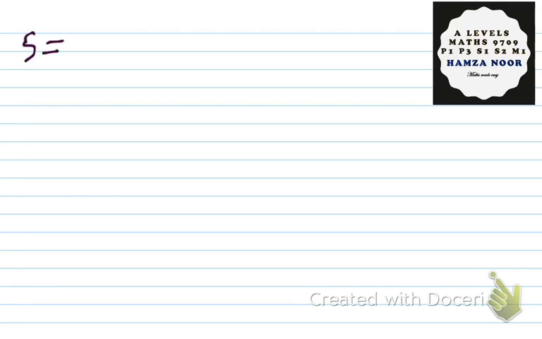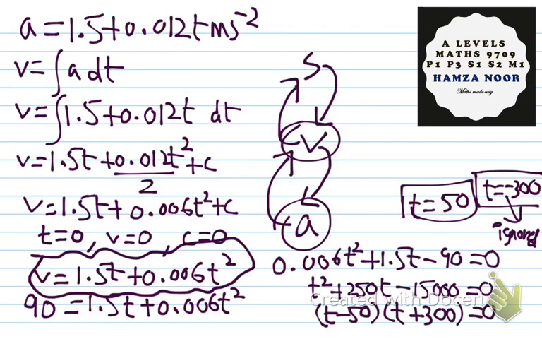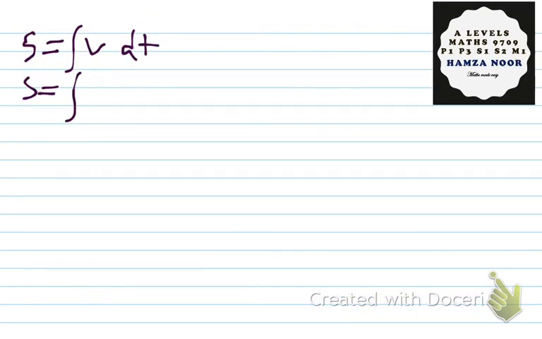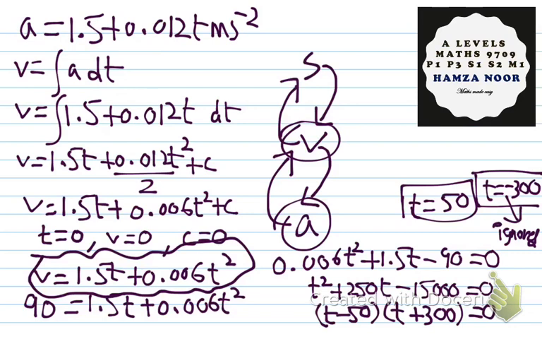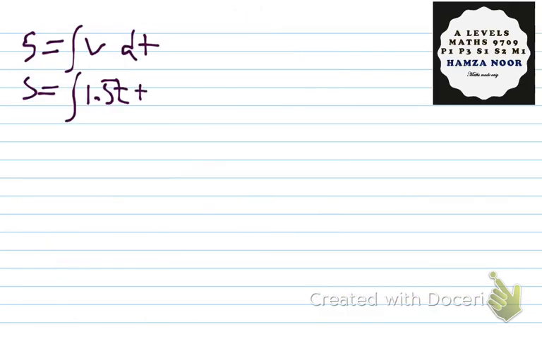So s is equal to the integral of v with respect to time. S is equal to the integral of 1.5 t plus 0.006 t squared, and c was equal to 0, so no need to mention it. Here you just integrate it.